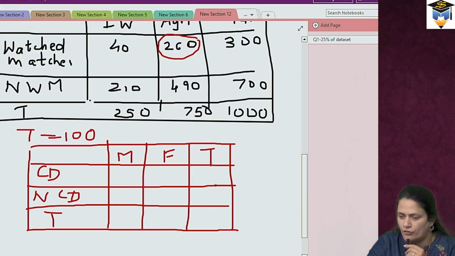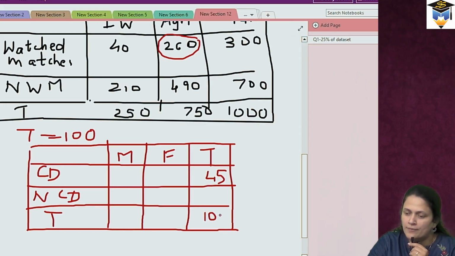So total of coffee drinkers is 45. Next what is given? Total is 100. So how much is 100 minus 45? So 55 are non-coffee drinkers.